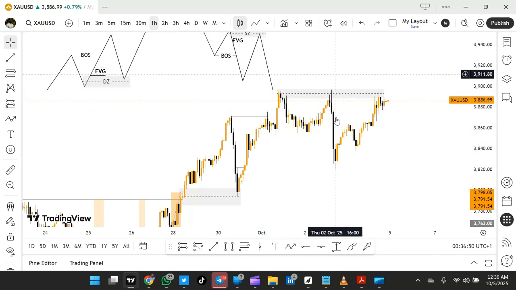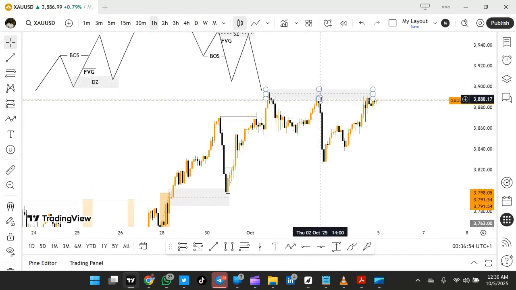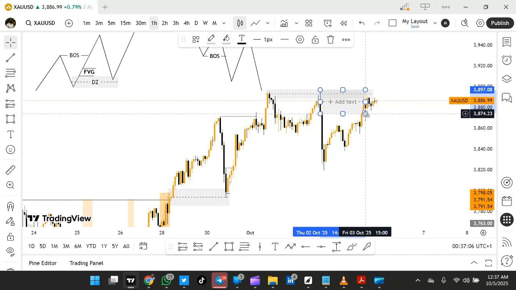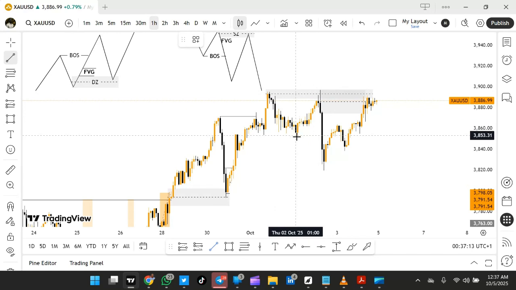Now, still we have a supply level here. If you look at this block here, I said a supply zone is the block or the last candlestick before a strong push to the downside. Now let me mark it out. If I mark it from the high to the low, then there is a break of structure.